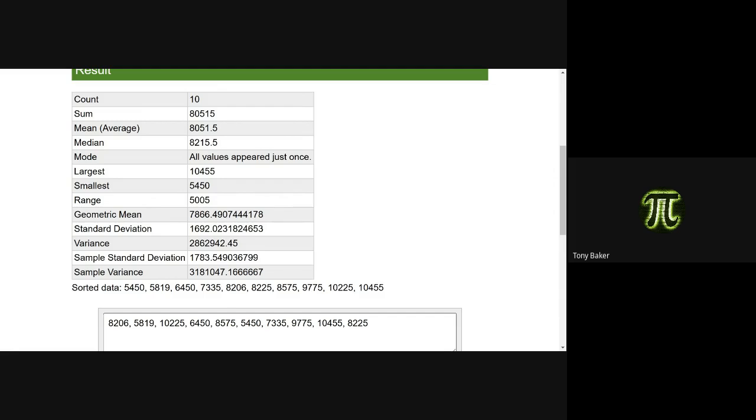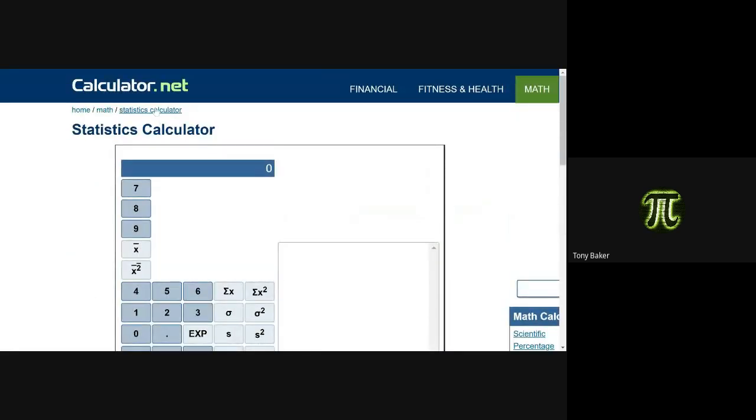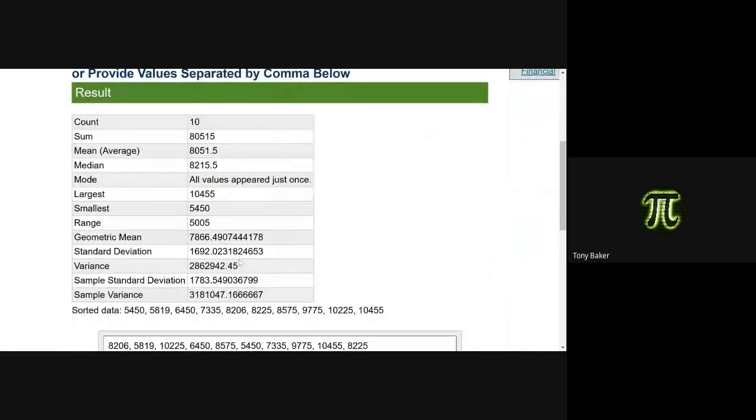Depending on the calculator you use, it should have a button that you could pick population or sample. Yeah, there was two of them on the site. So if you use this one, you have to make sure you click sample.